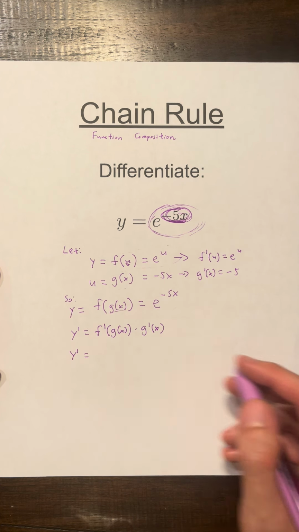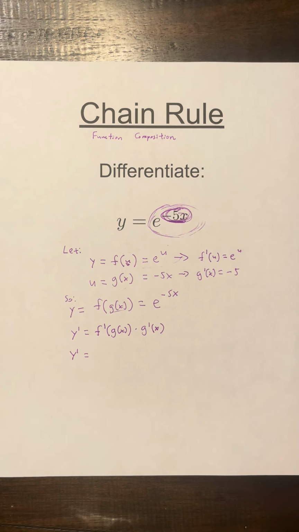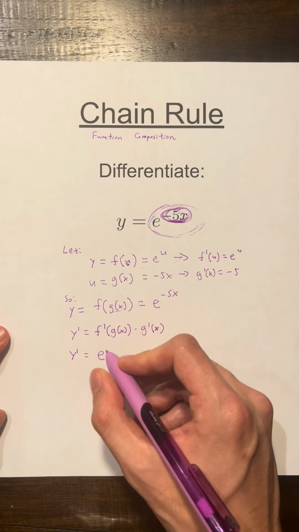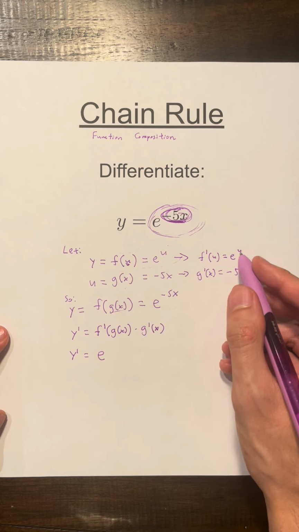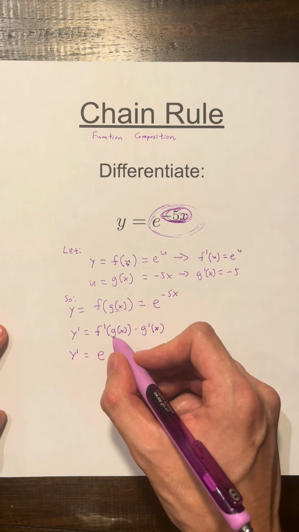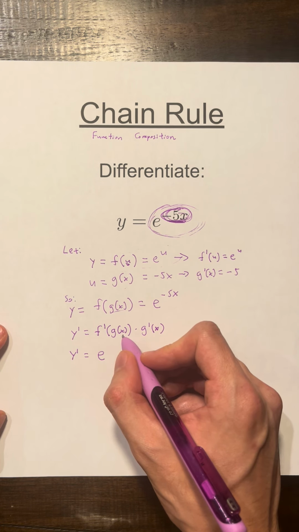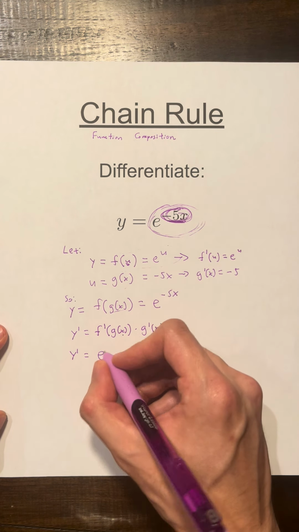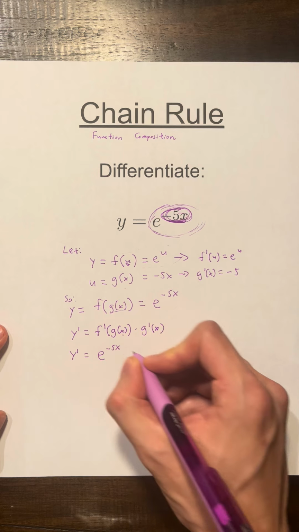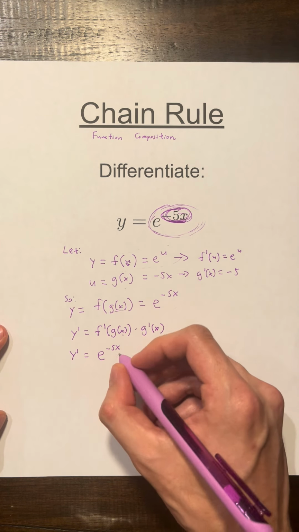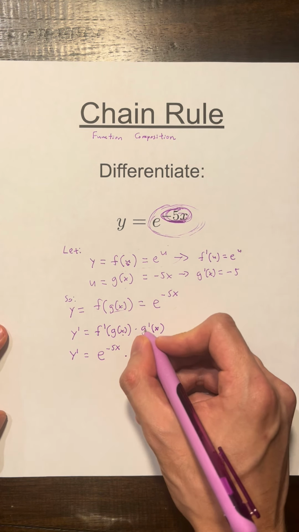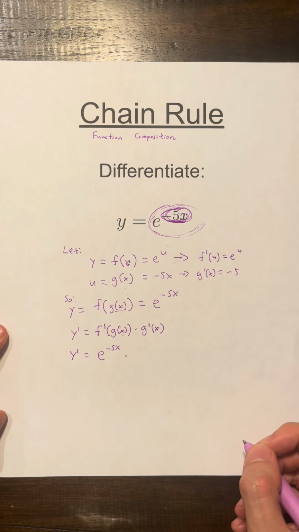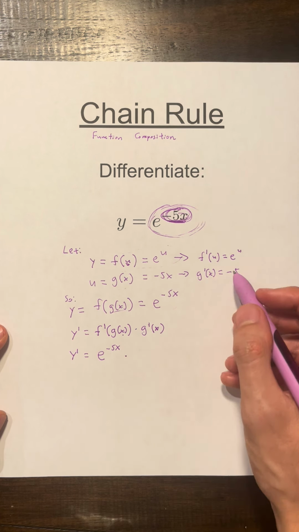So what should I change this to? E to the power of g of x. And what was g of x again? Negative 5x. Okay. And then times g prime, which is how much again? Negative 5.